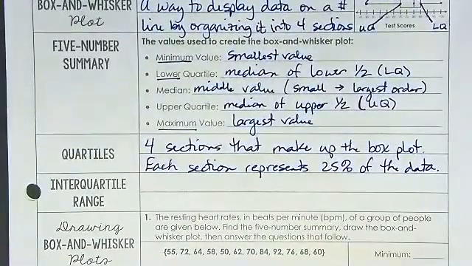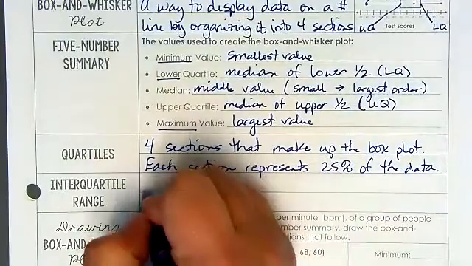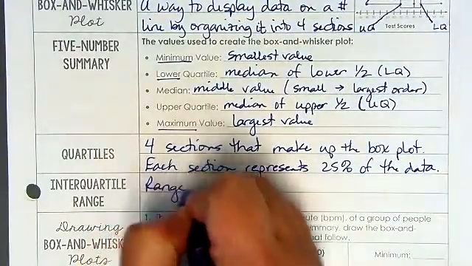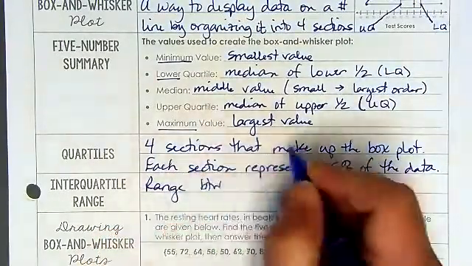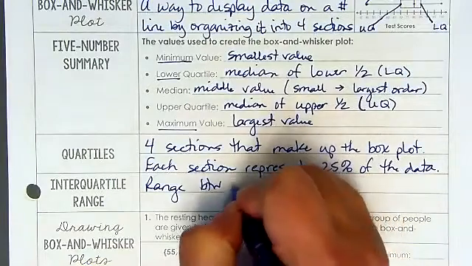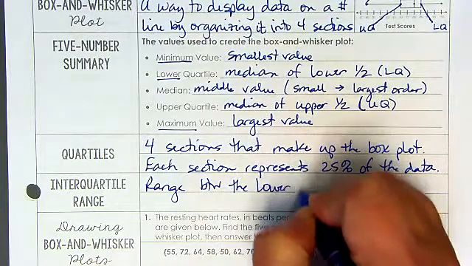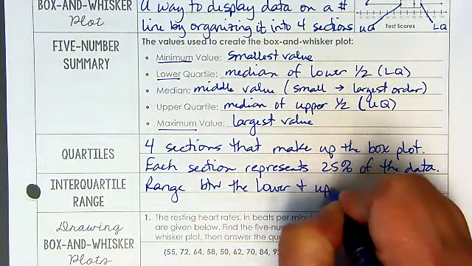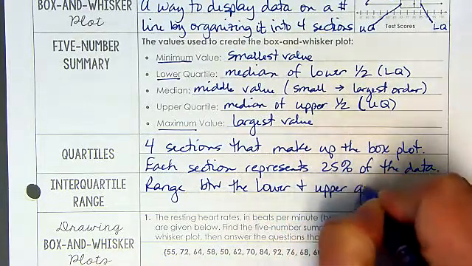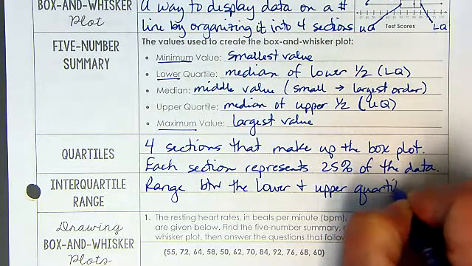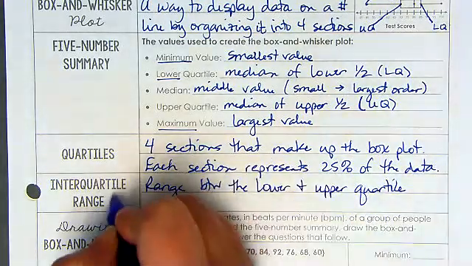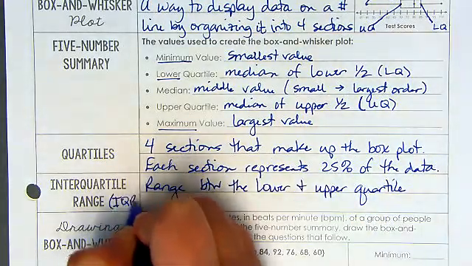Okay, now the interquartile range. That is the range between the lower and upper quartile. And that is IQR.